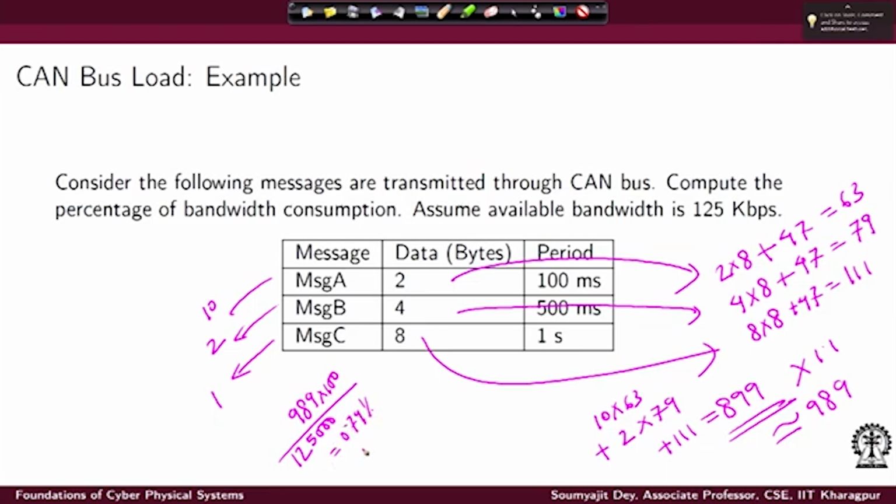It is a very small percentage. You can have so many more messages here with higher priorities and other things. Even if you have something less, say 1.25 kbps, then this will become something like 79%, right? So that's a very simple example here.